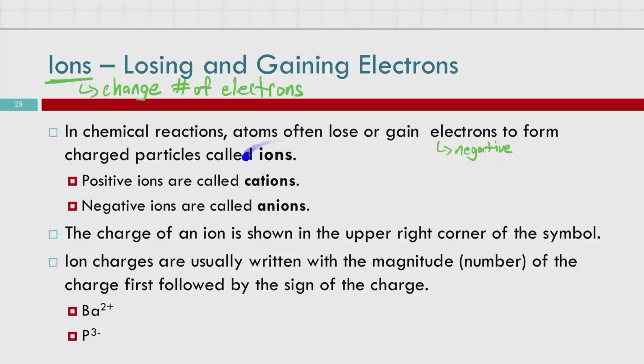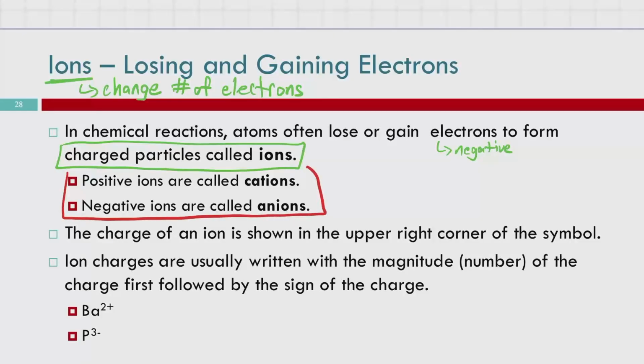And we call those ions. So ions are charged particles. We'll box that in. We've got two options for names. We've got cations. We've also got anions.